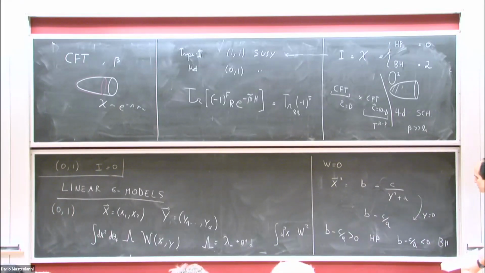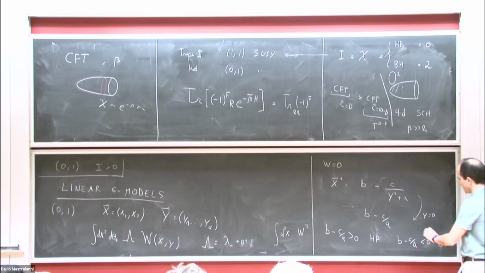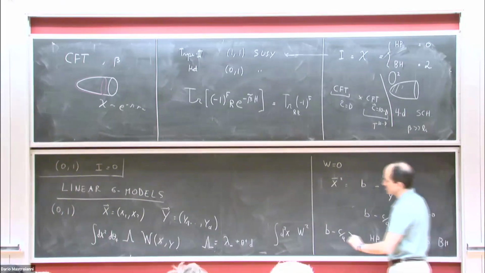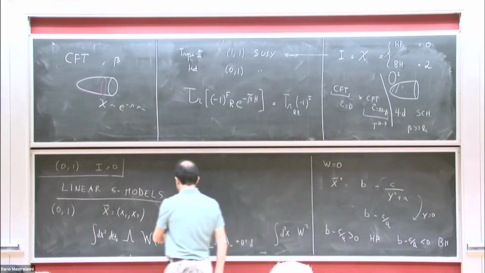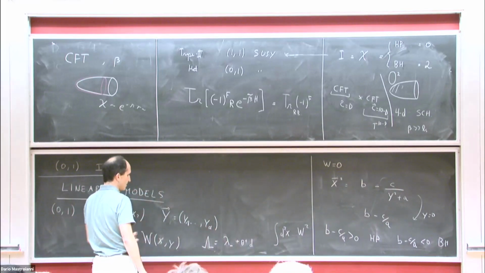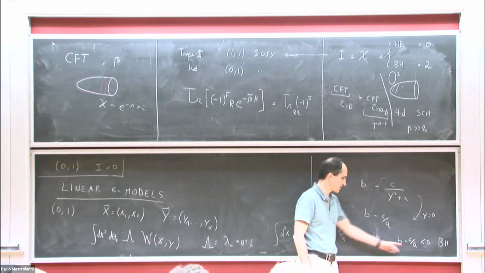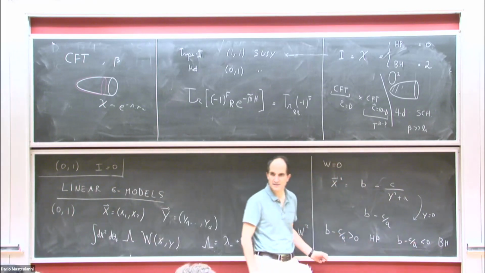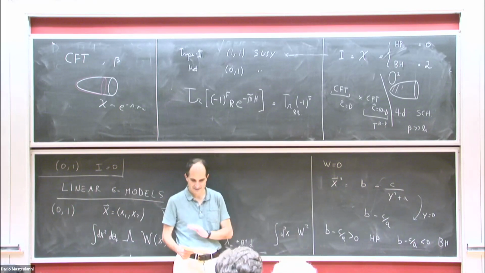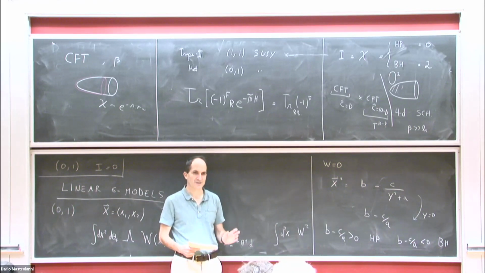So the idea is that we have this original linear sigma model, and we vary the parameters. Nothing special is happening when this quantity is equal to 0, and therefore we expect some smooth transition between the two, at least before we flow to the infrared.